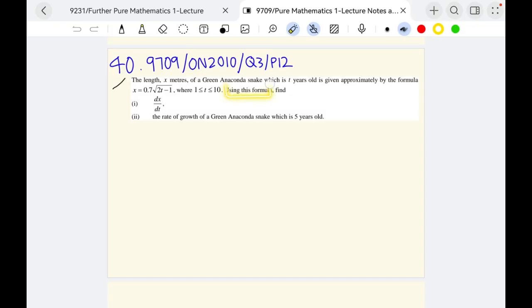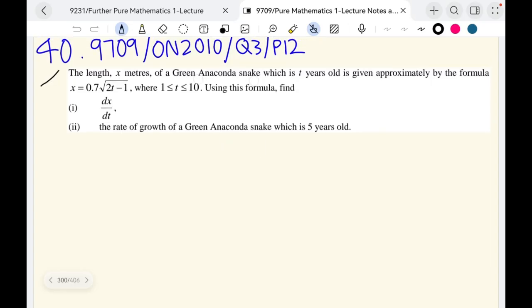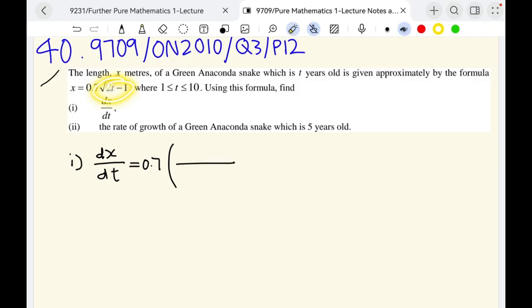Okay, using this formula, find dx dt. Okay, dx dt is what? It is the first derivative of the equation. So now let's get the first derivative. 0.7 is the constant. Just put it outside. And for the trick to differentiate the square root function, first place the 2 square root of 2t minus 1.